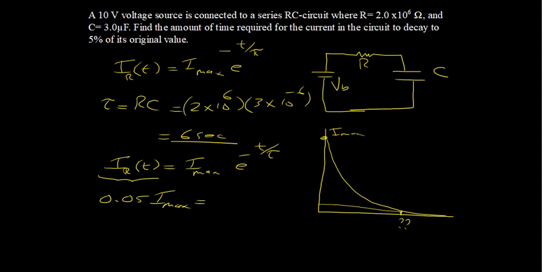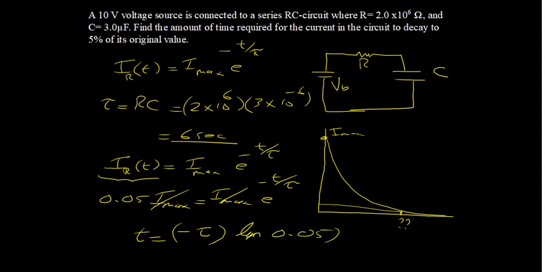So 0.05 I max equals I max exponential of minus t over tau. Once again, the I max cancels. I'll take the ln of both sides to save time with the calculation. That will give me t equals minus the time constant times ln 0.05.